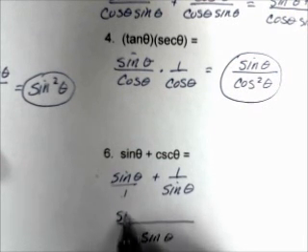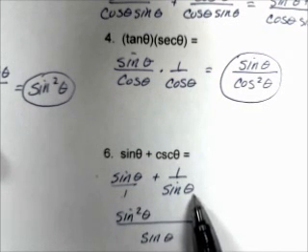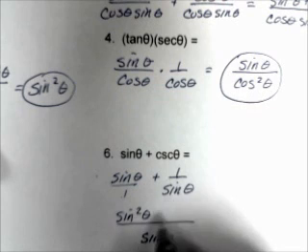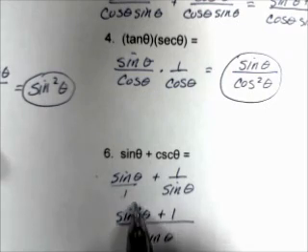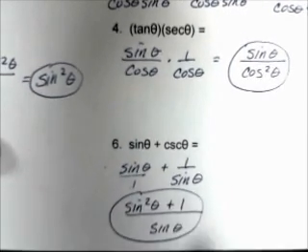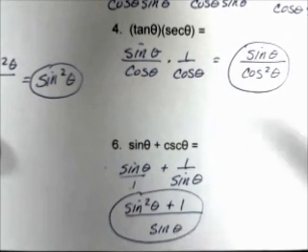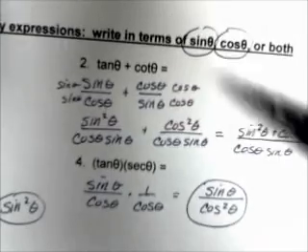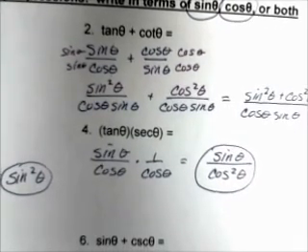So we get sine squared theta. This already has a denominator of sine theta, so we just bring down the numerator plus 1. And that's it. It may look more complicated than what we started off with, but it's in the terms that we were directed to write it in.